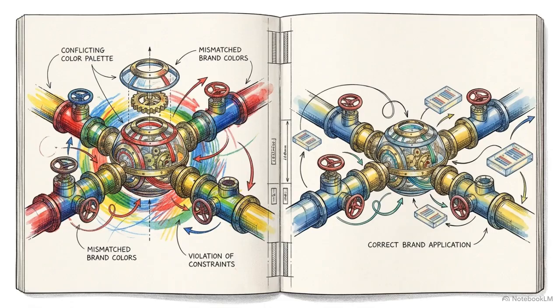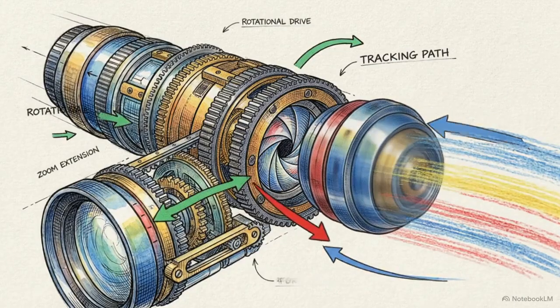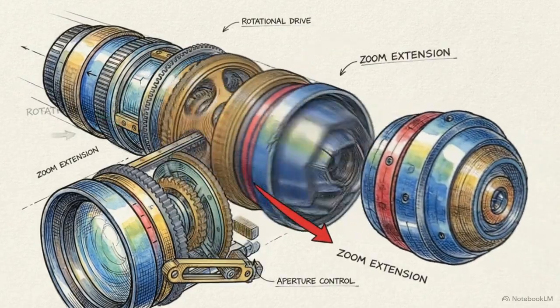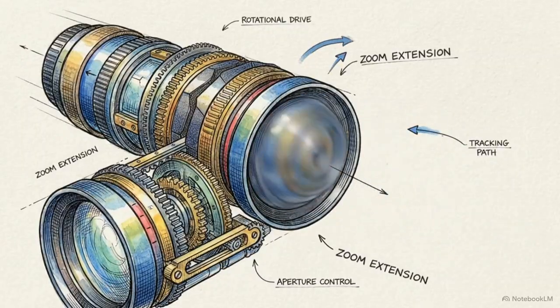grading subjective brand constraints. Subjective evaluation requires an LLM-as-a-judge architecture to act as the final gate in the automated stack. A multimodal model critiques the asset against specific criteria, including temporal consistency, motion coherence, and the accuracy of the narration.